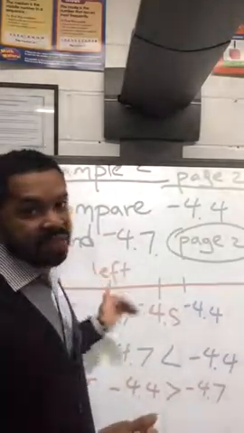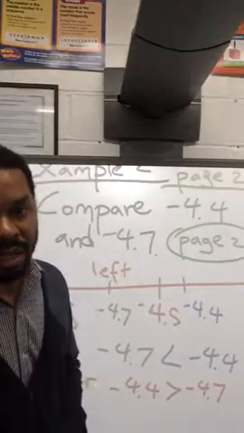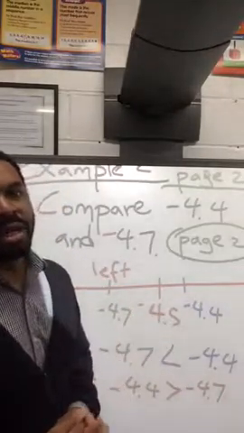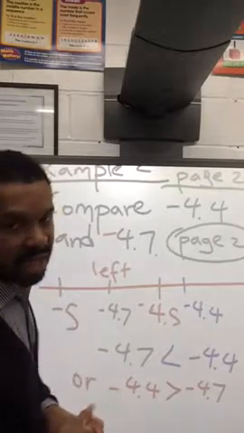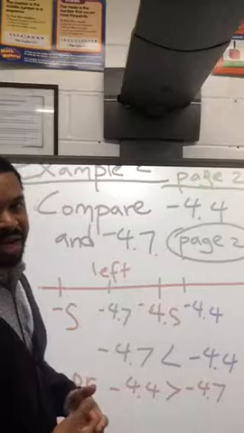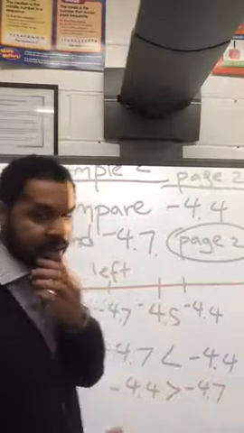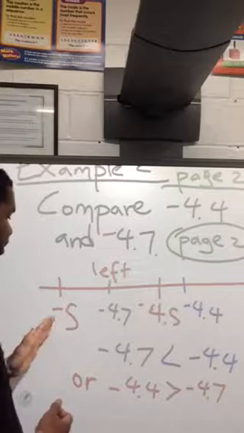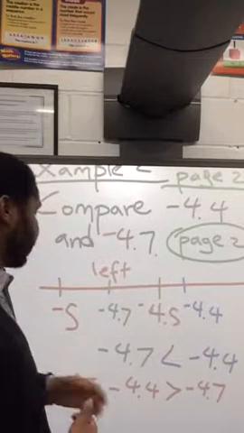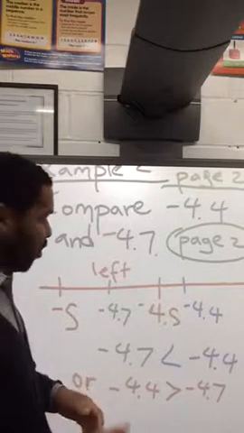Likewise, negative 5 and negative 4 must be the two integers that are sandwiching negative 4.5. In other words, negative 4.5 must be in the middle, between negative 5 and negative 4. All right? So of course, negative 4.7 is closer to negative 5, and negative 4.4 is closer to negative 4.